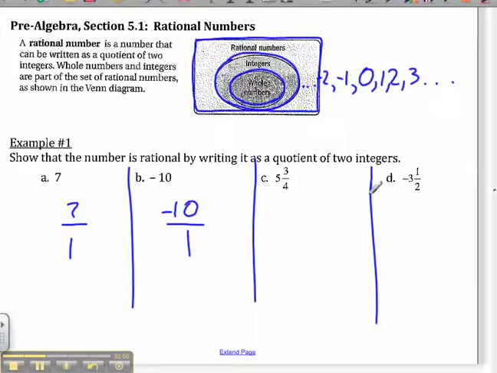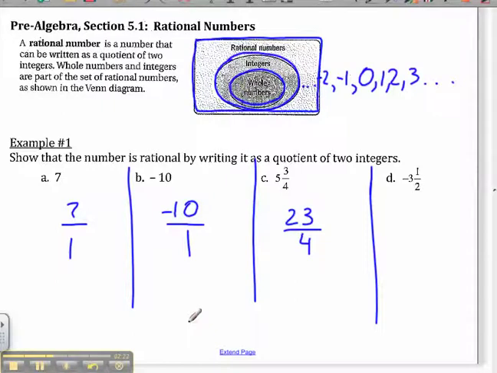It's presently a mixed number, so we want to make it a fraction. We multiply 5 times 4 and we get 20. And then we add 3 and we get 23. So I'm going to write that down, but over 4, the denominator that we started with. Beautiful. Thank you.